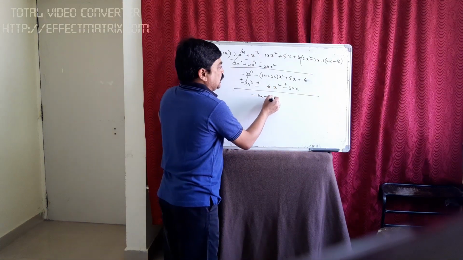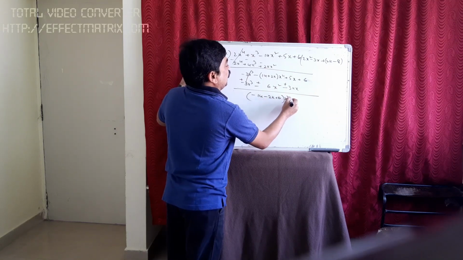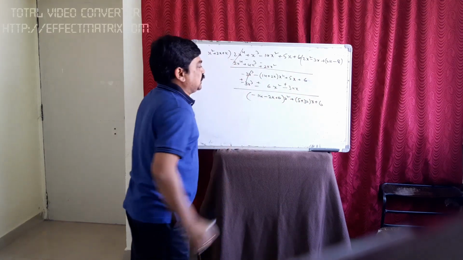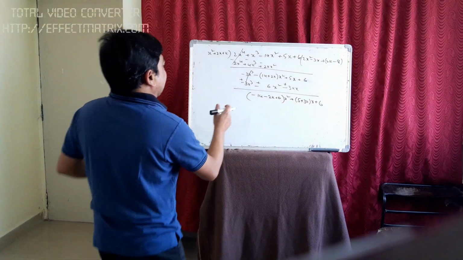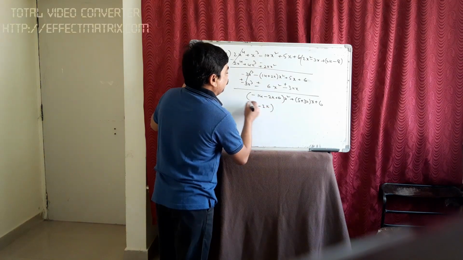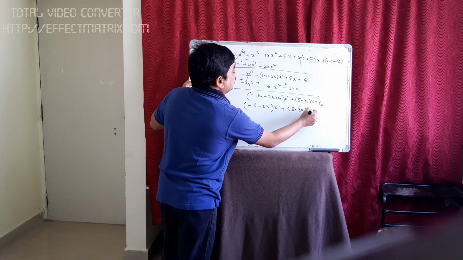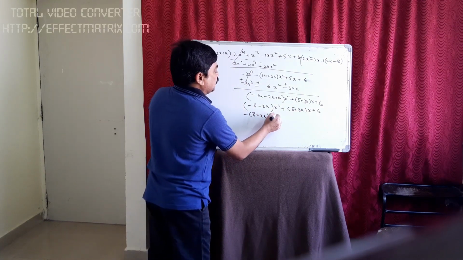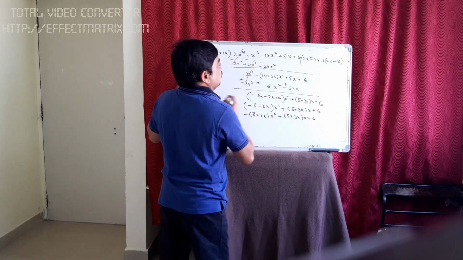Minus 14 minus 2k plus 6 of x square plus 5 plus 3k of x plus 6. Now we rewrite this. It becomes minus 8 minus 2k of x square, 5 plus 3k of x. Again take minus common. 8 plus 2k of x square, 5 plus 3k of x plus 6.